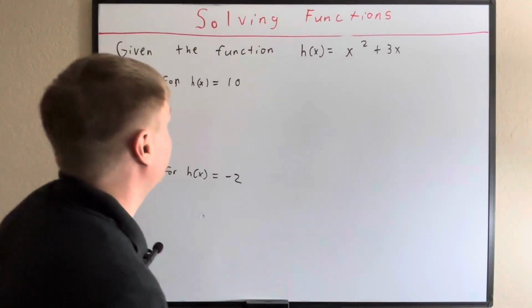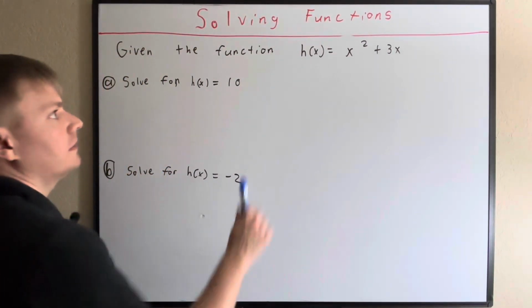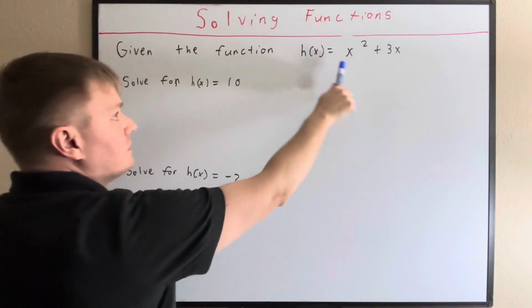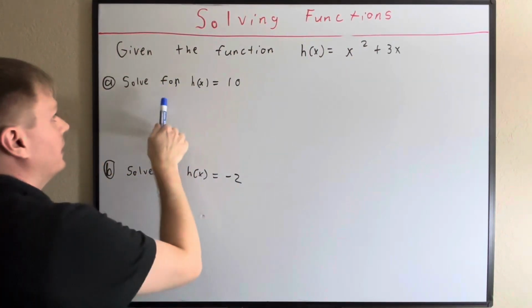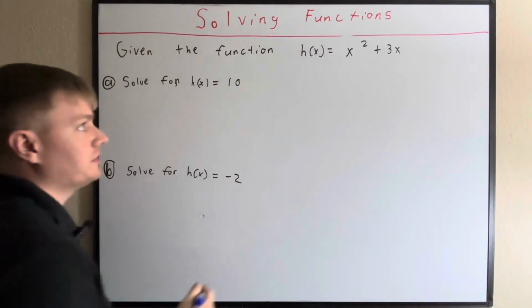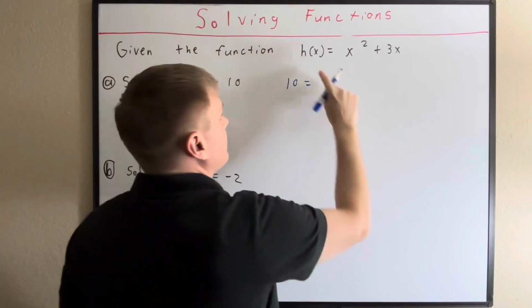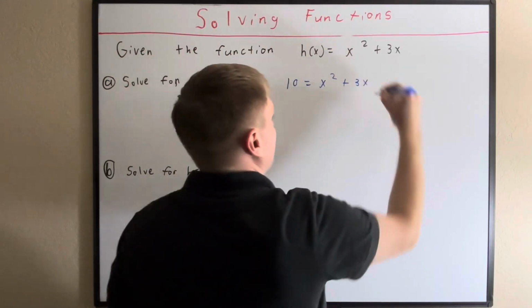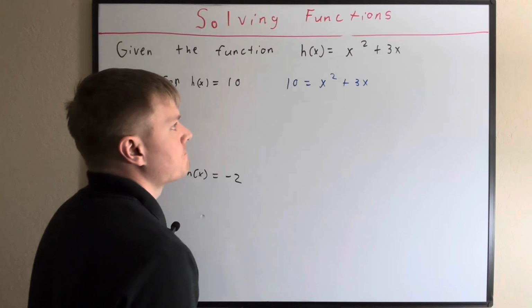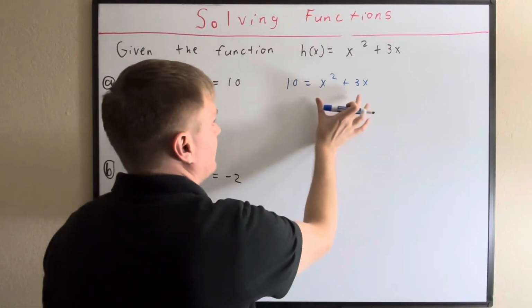All right, here's another example. Got a whole new function here. h of x equals x squared plus 3x. And they're asking us to solve for h of x equals 10 first. Okay, so let's start there. 10 equals x squared plus 3x. Well, can we just factor this?